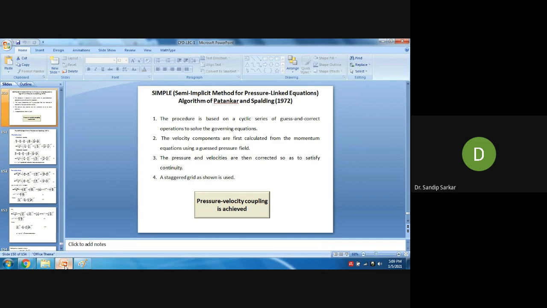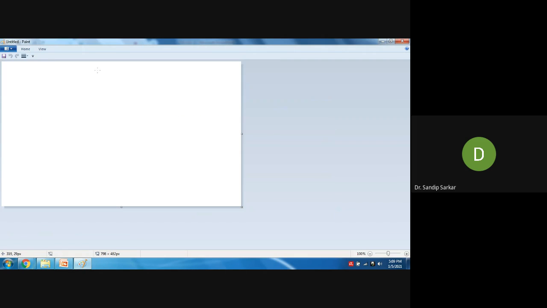Once you predict the velocity, you obtain the numerical solution of the predicted velocity. After that, you correct the velocity and also the pressure by satisfying continuity. This is the gist of the method. The SIMPLE method involves a predictor-corrector approach.